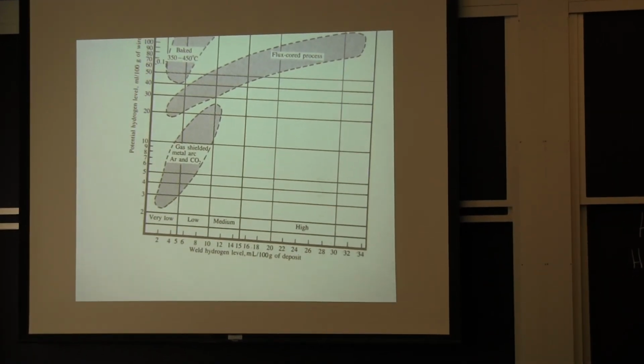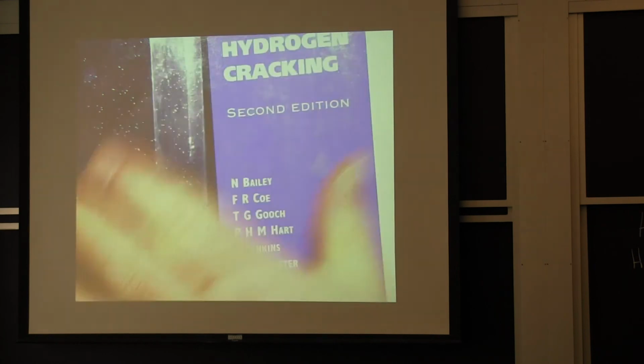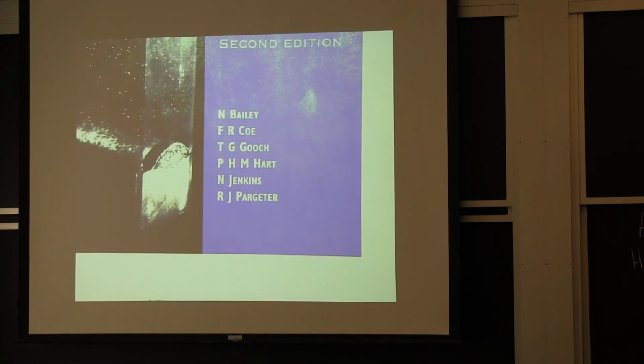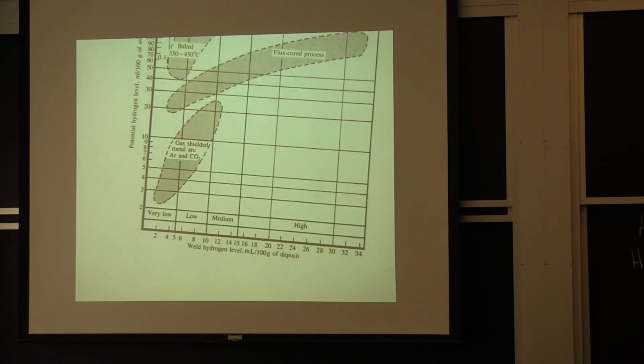I must have one here somewhere. Okay, so this is the second edition from the British Welding Institute. Welding steels without hydrogen cracking, and there's all kinds of authors. Frank Coe wrote the first edition by himself, but he had lots of help with the other editions.